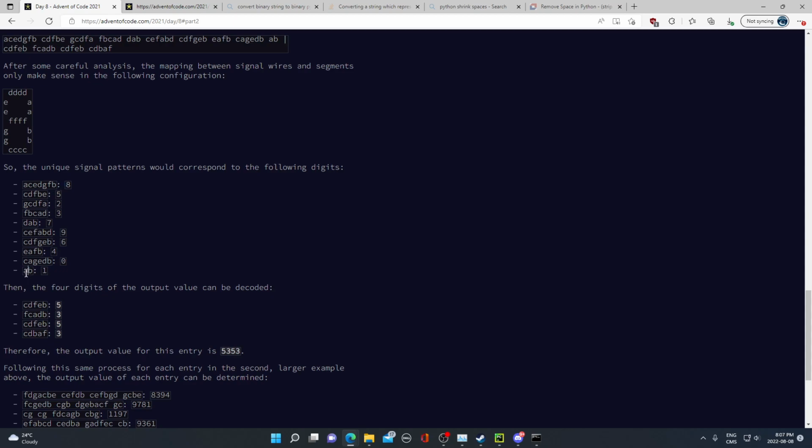So we know what 1 is, we know what 7 is. We can automatically deduce what is the topmost segment. And then the rest we can know. 1, 4, 4 uses the middle, 8 uses the middle.